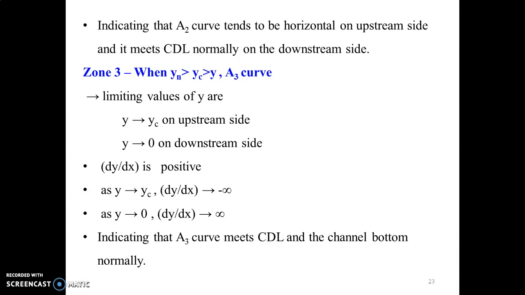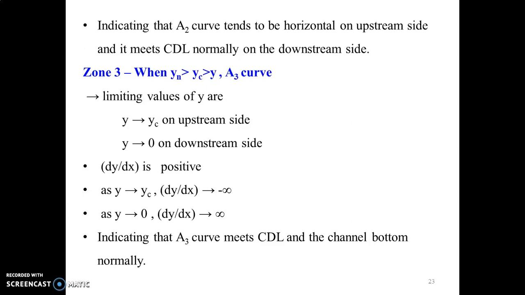Now for zone 3, y is less than both yn and yc. Therefore, the limiting conditions taken up are y tending to yc on the upstream side and y tending to 0 on the downstream side. Once again, dy by dx is always positive in zone 3.